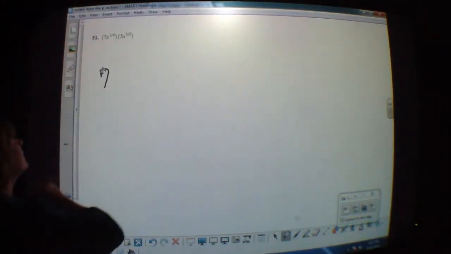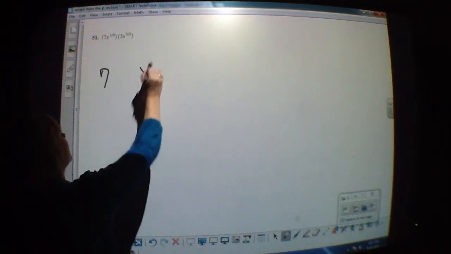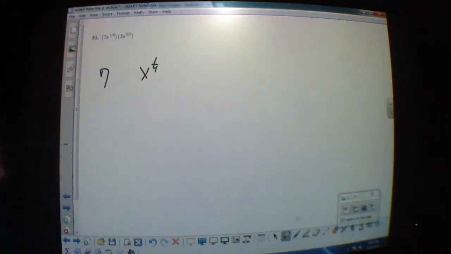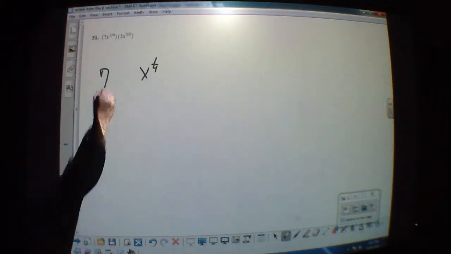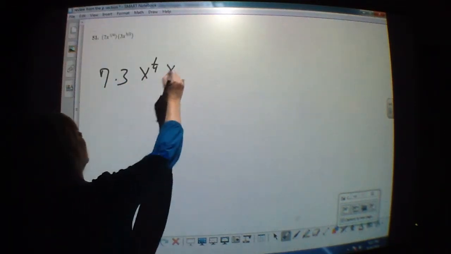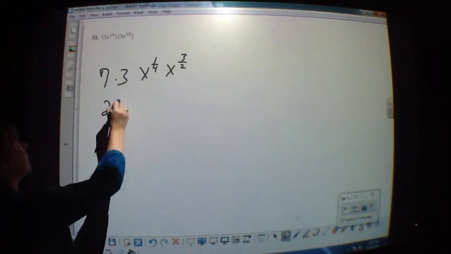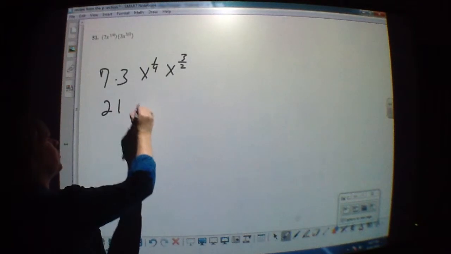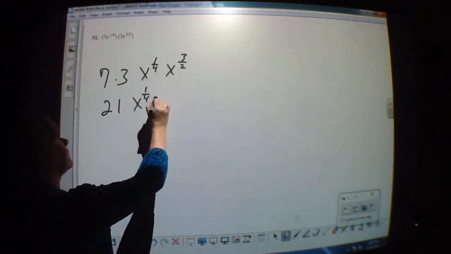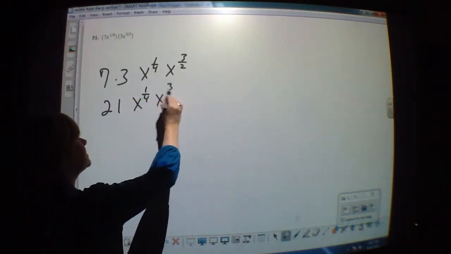Exponents. 7 times x to the 4th times 3 x to the 3 halves. I'm going to rewrite this in a different order, combining my numbers together and my variables. 7 times 3 is 21. x to the 4th times x to the 3 halves.